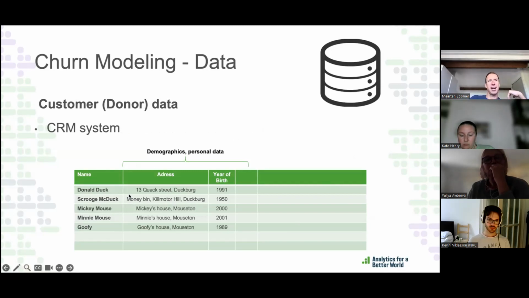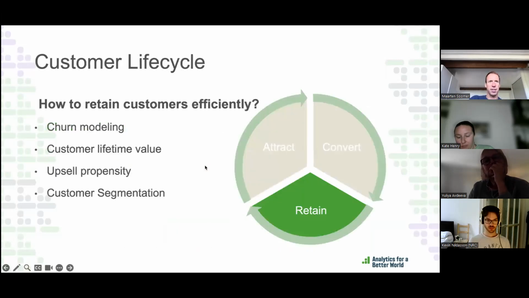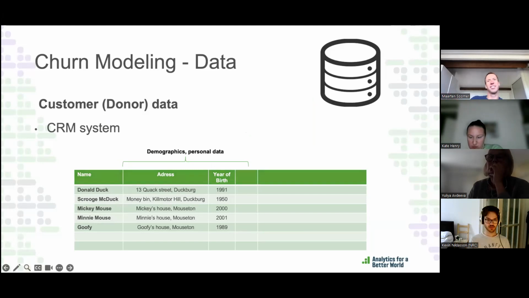What's definitely in that kind of system, we have a few donors here, like Donald Duck, Mickey Mouse, Goofy, very interesting donors for this cause. Typically, we have some demographic information for them in the system, like their address, their year of birth, their email, their phone number, their income would be very interesting. We might ask them when signing up, but maybe it's too sensitive, so probably not.